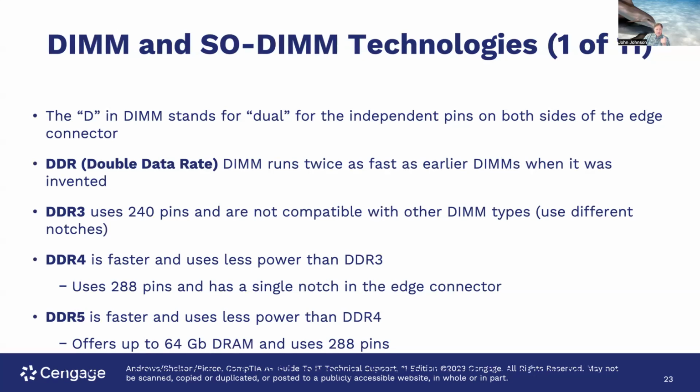And you've got DDR5. It's faster, uses less power than DDR4, offers up to 64 gigabytes of DRAM, and uses 288 pins. I personally have experience with everything up to DDR4, I believe. I haven't used DDR5 personally. Again, as I said before, the last one I built by hand was about 5 years ago.